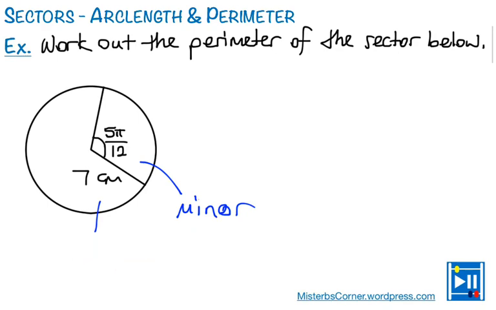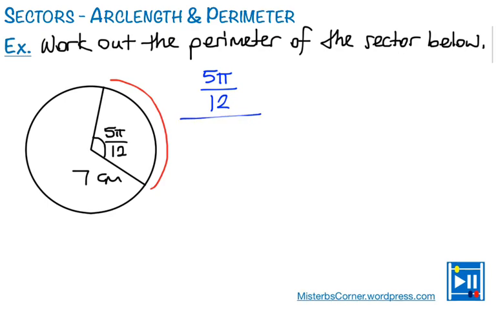So basically, for the perimeter of this sector, we have to first calculate the arc length, right? To find the arc length, I'm going to go 5 pi over 12 compared by 2 pi times 2 pi times the radius, which is 7 centimeters, so I write that, right?